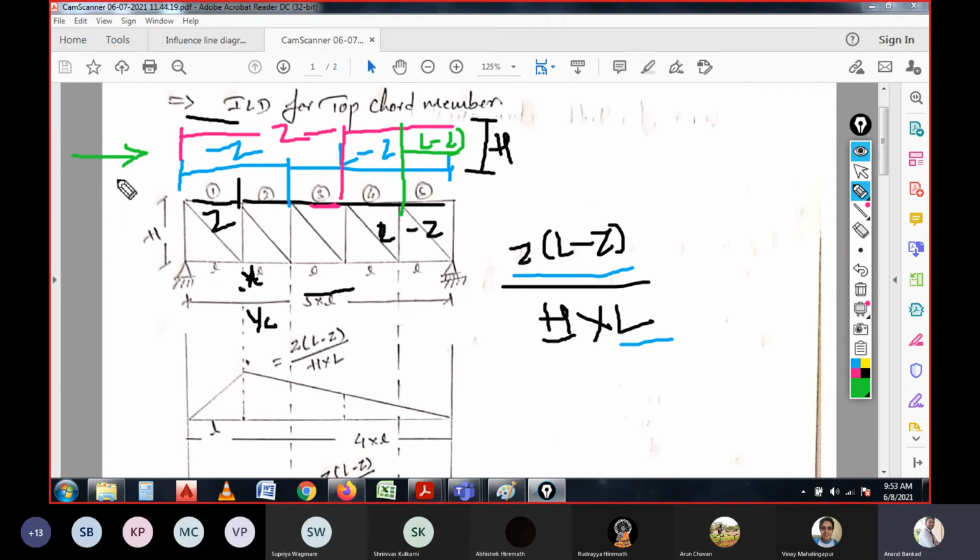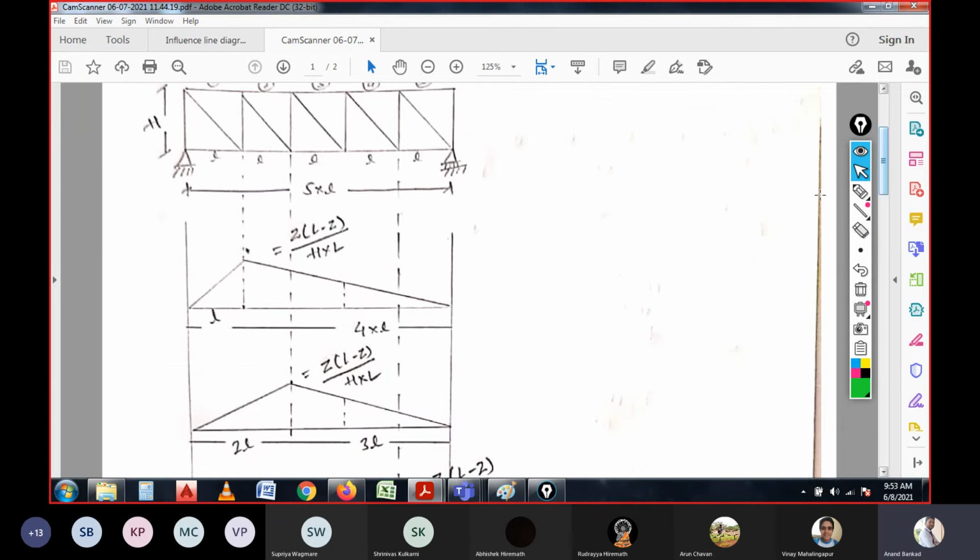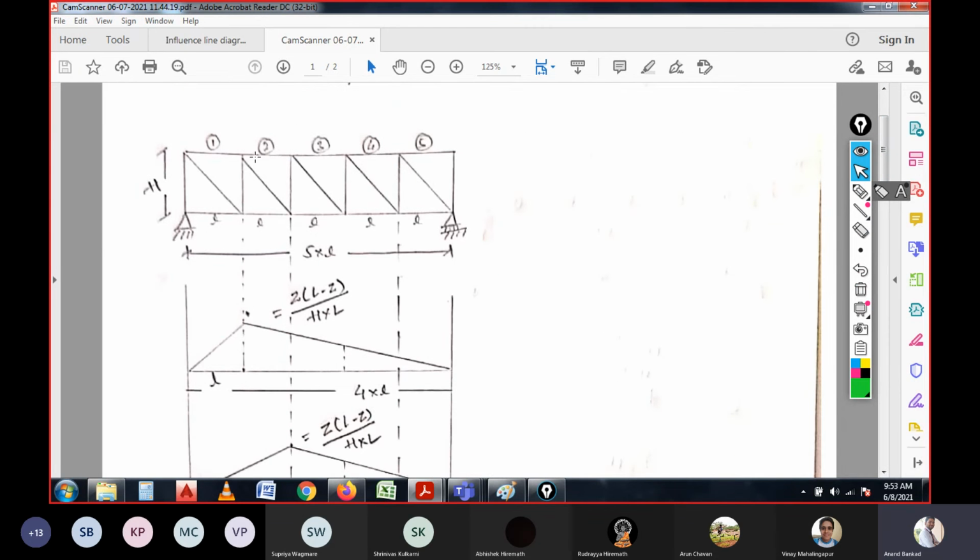since the load is moving in this direction, right? And apart from this, similarly the particular loads will be calculated by reference to the sections.